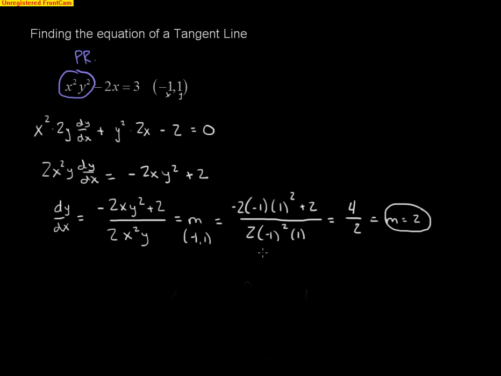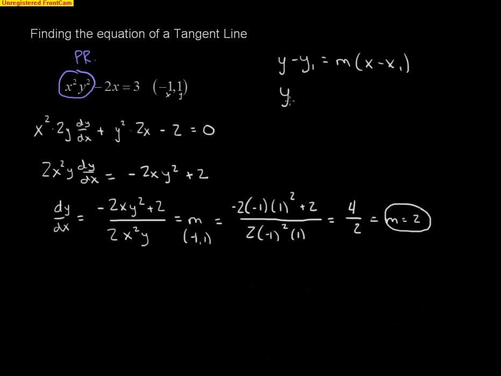So now with a slope of 2 and a point of negative 1, 1, I'll go up here. I'll use point slope form. So y minus y1 equals m times x minus x1.